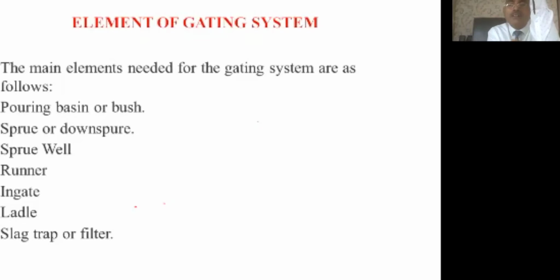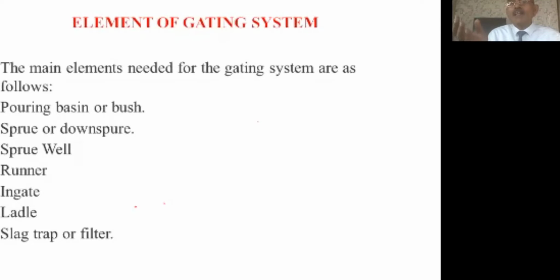So unusual things will be collected here, and the good molten metal will flow horizontally at 90 degrees. That is called the runner. From the runner, there are ingates, where the cavity has the ingate and the metal will enter inside the cavity.